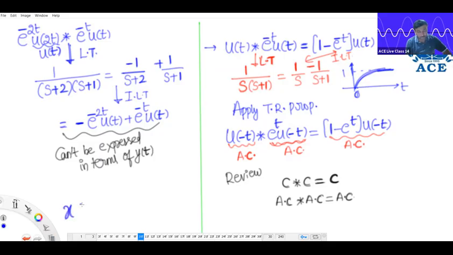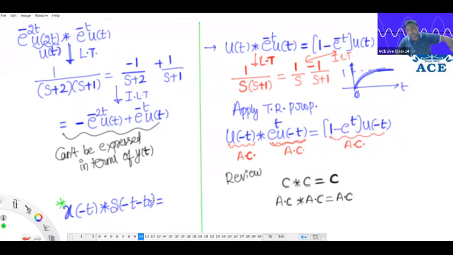In one of the GATE papers, this question was asked, sir. On the left side I have written with the star mark: x of minus t convolved with delta of minus t minus t naught.